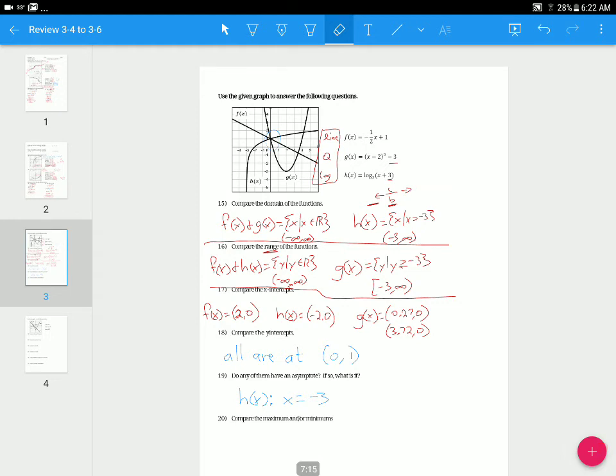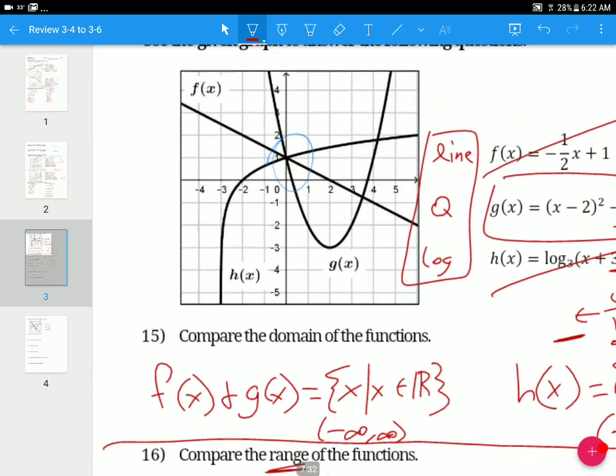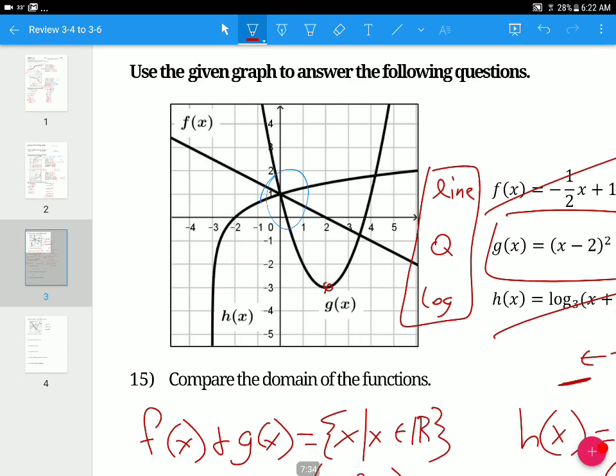Compare the maximums or minimums. Again, max and mins. If you look at your charts, you'll notice that linears don't have a max or min, but quadratics do. You can follow the charts, look through the numbers, or you can look at your graph and say, look, my quadratic, right there, that's the lowest point, therefore it has a minimum.